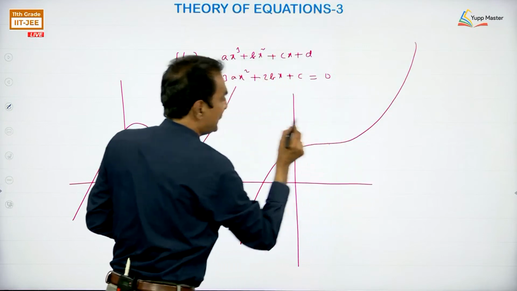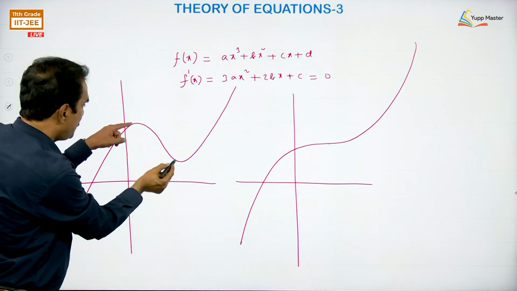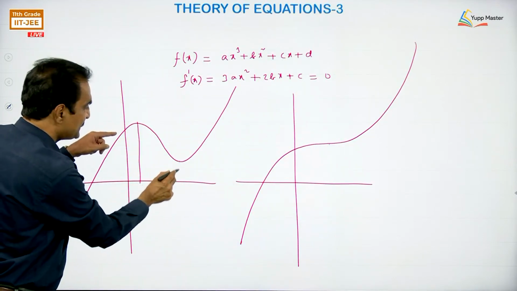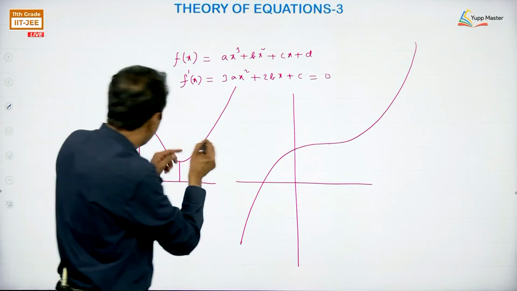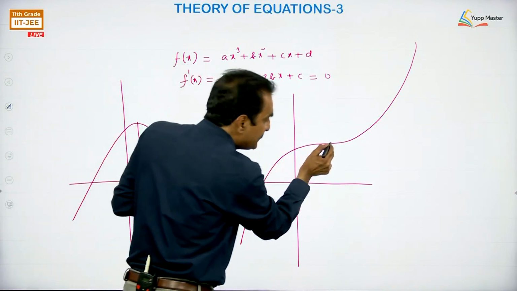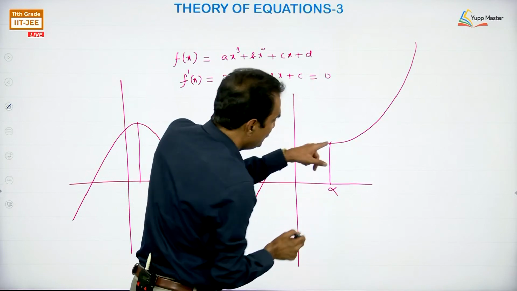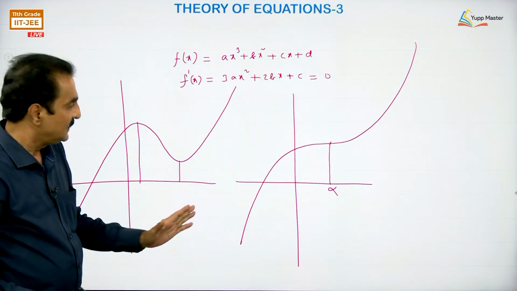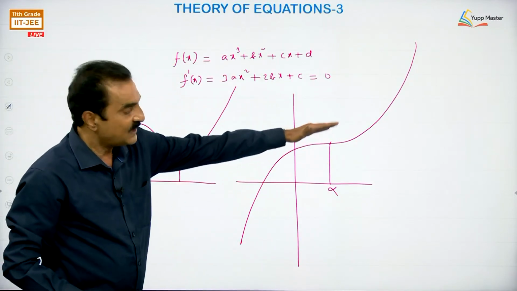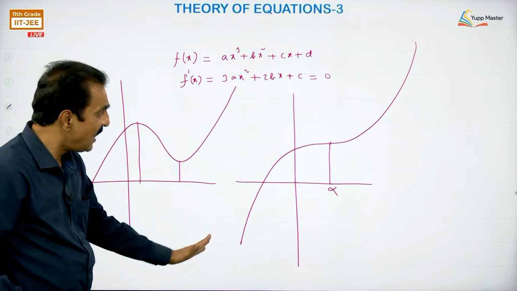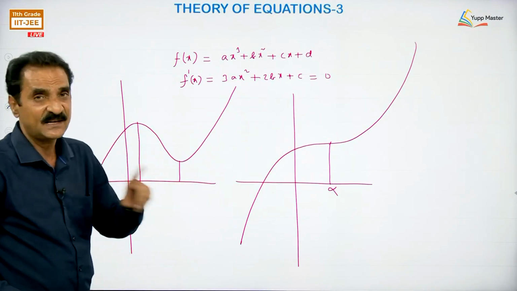the graph will be like this. Suppose this is alpha, this is beta, those two coincide, then the coinciding point will come to this position. Then you can see that the graph can intersect the x-axis at one point only.